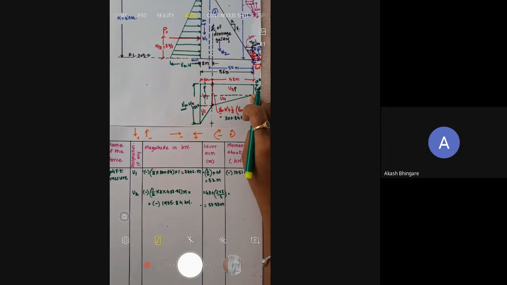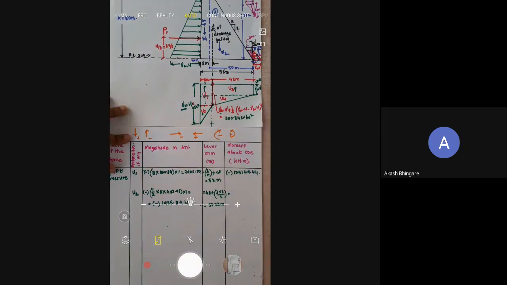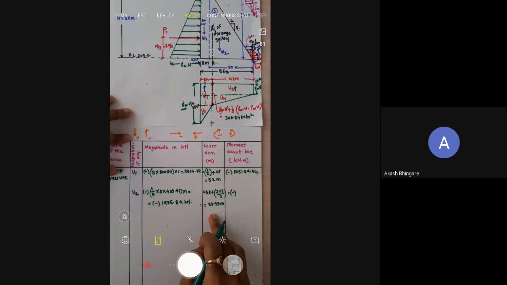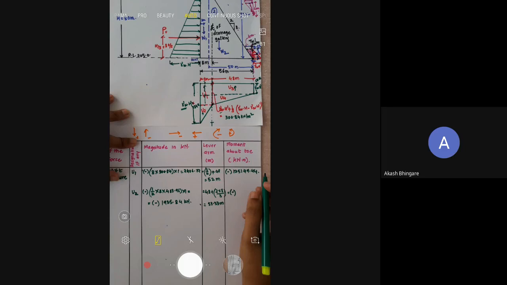Akash, Vinayak, Lakshmi, Shivani. Yes, it is clockwise moment. So therefore what will be the sign? Negative. Absolutely correct. So minus force into lever arm distance will be the moment. Yes. What is the value of moment now?